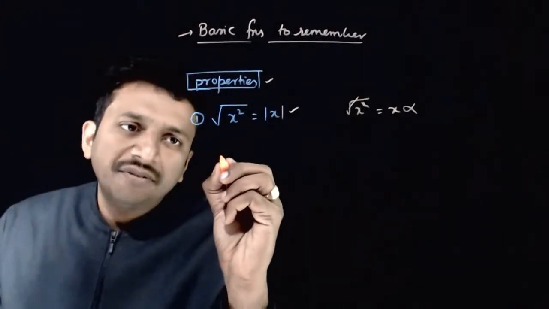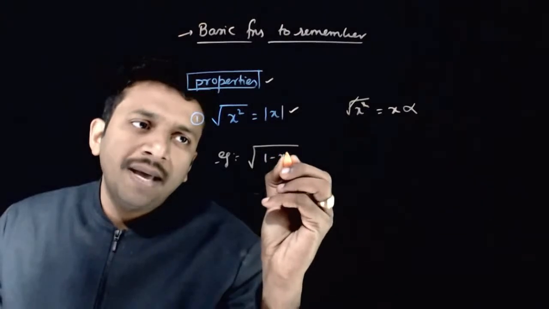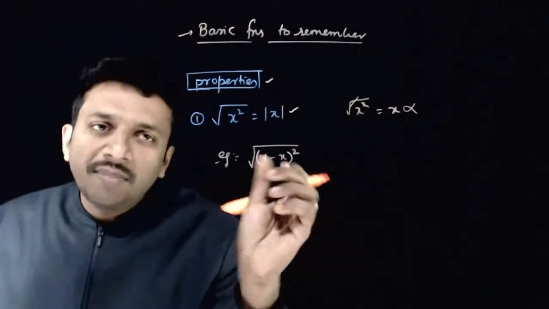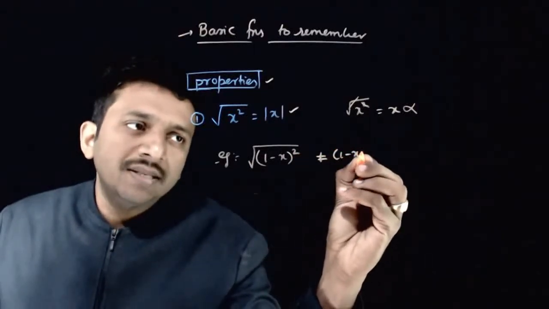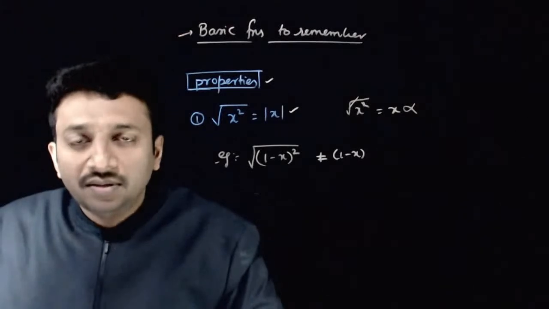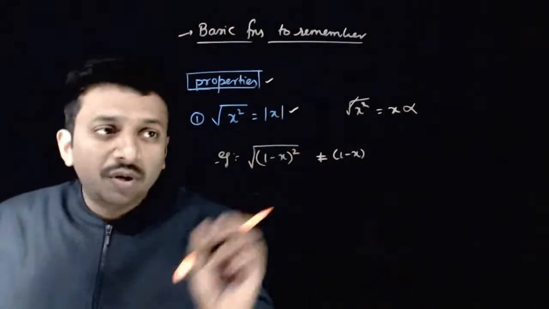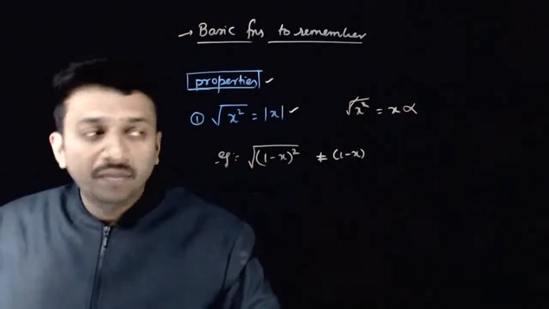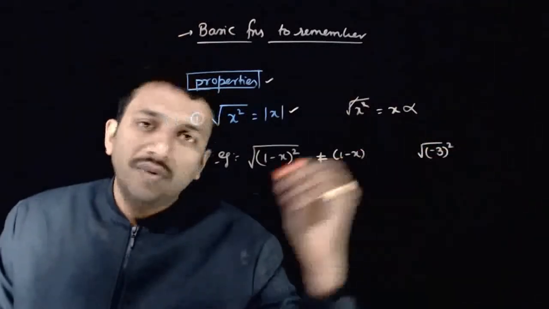For example, if you have square root of (1 minus x) whole square, you cannot write it directly as 1 minus x, because we don't know whether 1 minus x is positive or negative. Take square root of (minus 3) whole square.